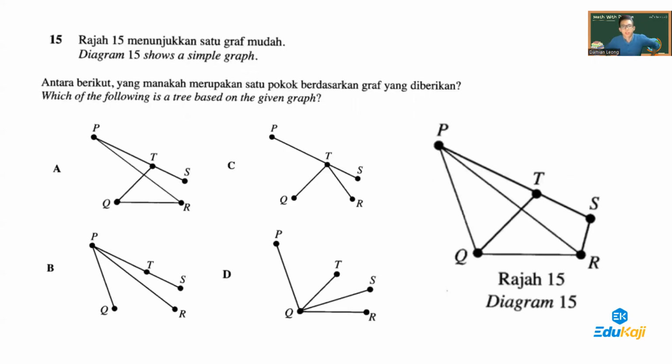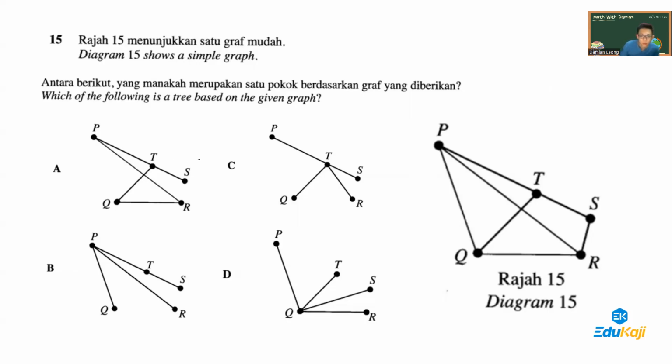Question 15. I have a simple graph here. Which of the following is a tree based on the given graph? So the graph here, I want the tree. Tree means there should only be one path going through, and the number of edges will be one less than the number of vertices.